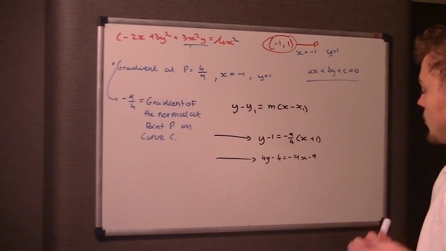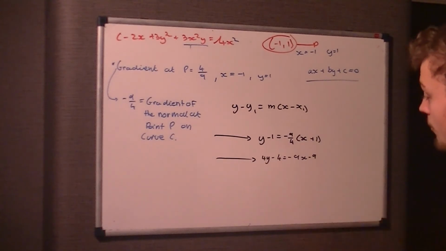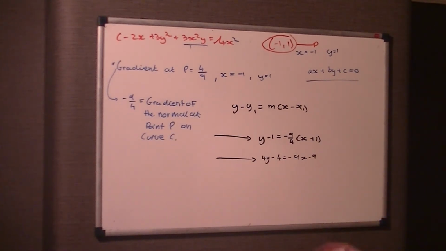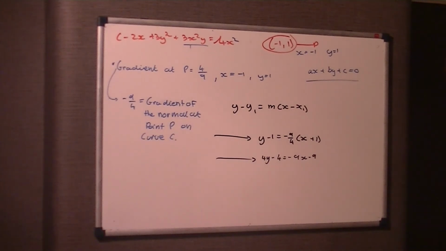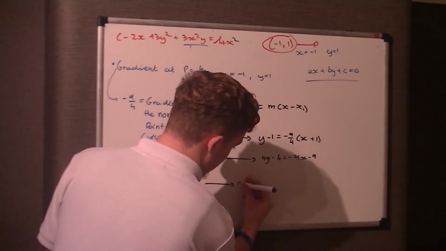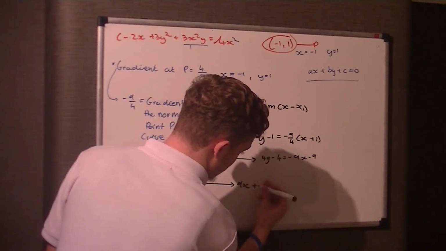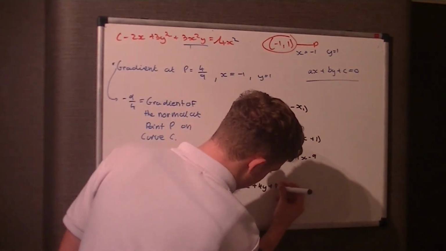Now, as it wants ax plus by plus c equals 0, we could either move the 4y minus 4, or add 9x and 9 to both sides, which I'm going to do the second way because I can. So add 9x to both sides, it's 9x plus 4y, take 4 plus 9, so that's plus 5, equals 0.